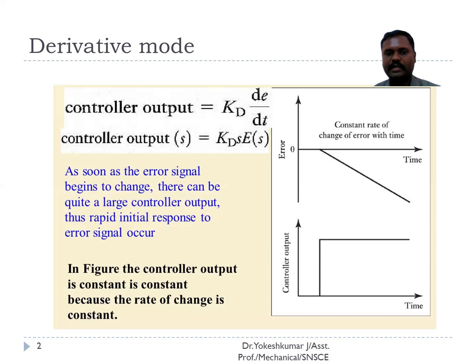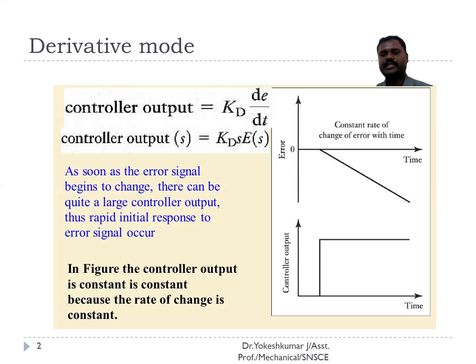As soon as the error signal begins to change, the controller produces a large output with respect to the error signal. So the initial response becomes large. When you see the graph, we can identify that the error signal keeps on increasing with respect to time.